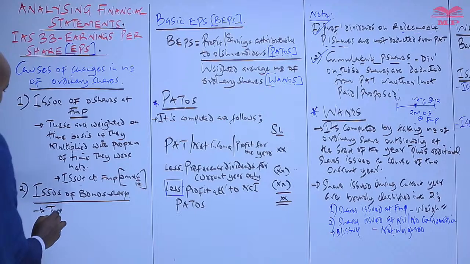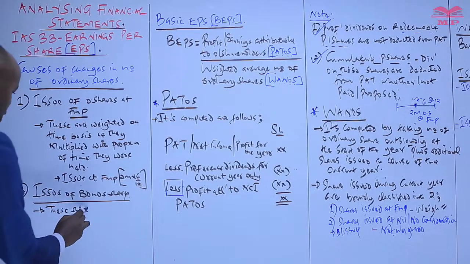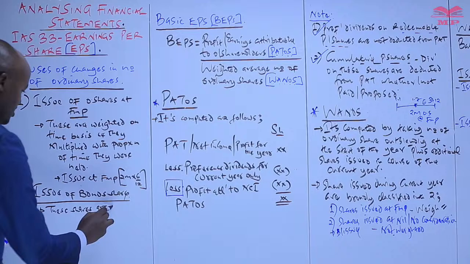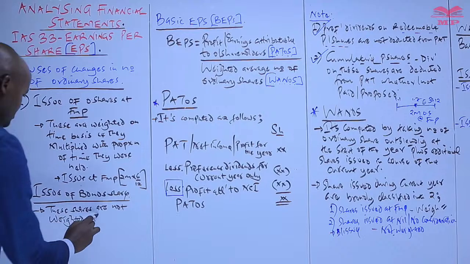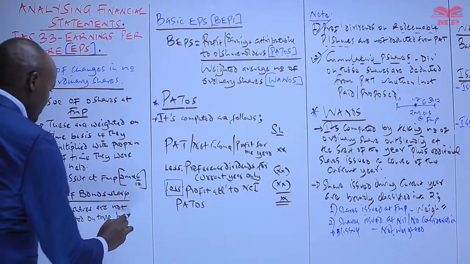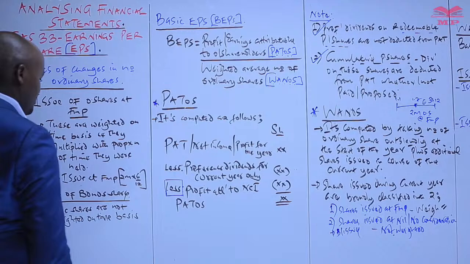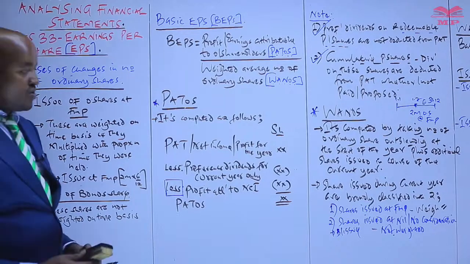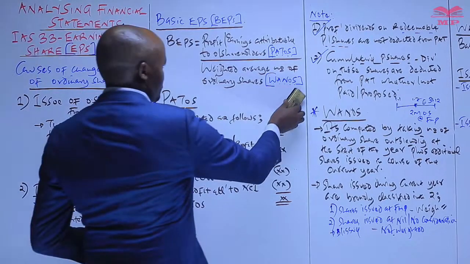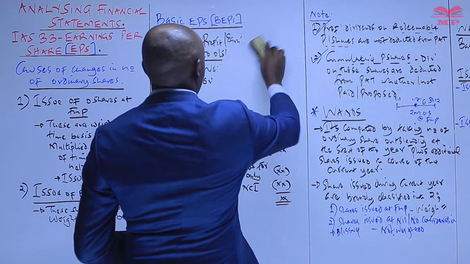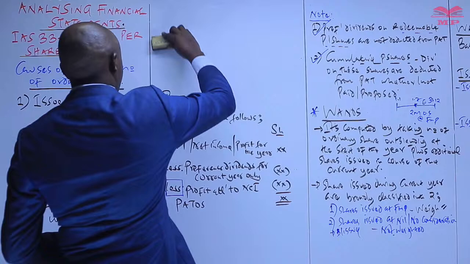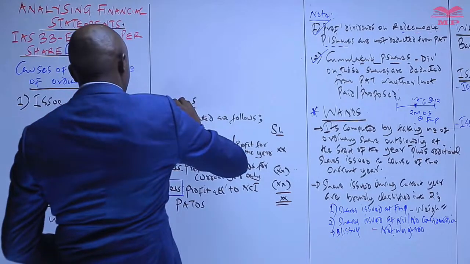So we can say that these shares are not weighted on time basis. The reason is that these shares do not generate any additional resources, meaning that the profit generated by the company during that year is generated using the same resources.